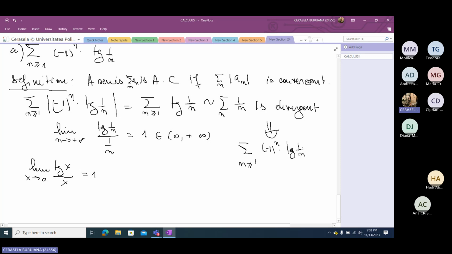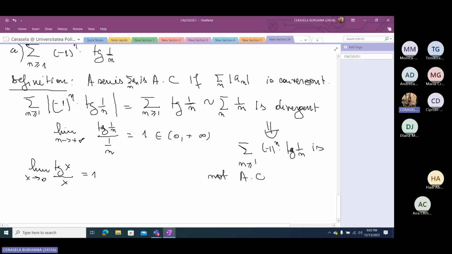Is it absolutely convergent in this case? No. So it's not absolutely convergent. Good. So we gave an answer to this.